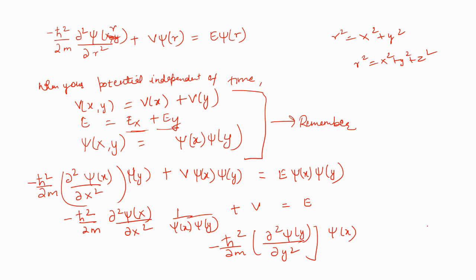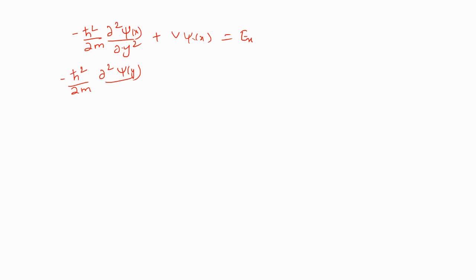So after solving all this, at the end you will get two Schrodinger equations. One in the x-axis: minus h cross squared upon 2m, d2 psi x by dx squared, plus V psi x equals Ex. I write this because the overall energy can be written as the sum of the individual energies. The other one is minus h cross squared upon 2m, d2 psi y by dy squared, plus V psi y equals Ey.